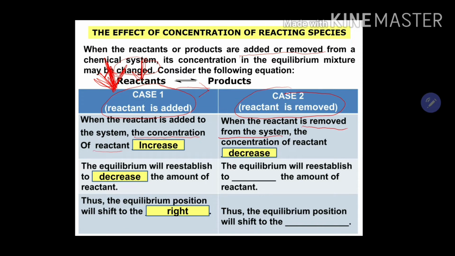So the equilibrium will re-establish to increase the amount of reactant. Thus, the equilibrium position will shift to the left, because when it shifts to the left, the product will produce more reactant. Thus, the new equilibrium is achieved.